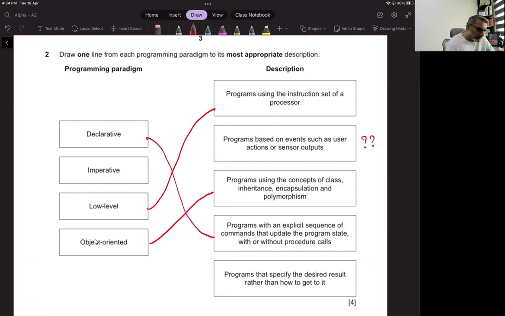So this is basically declarative. Programs that specify the desired results rather than how to get to it.